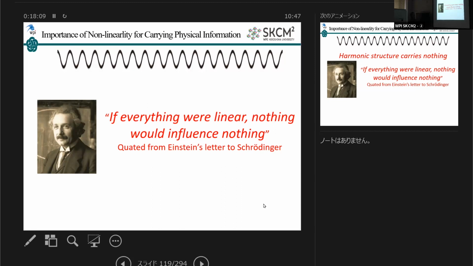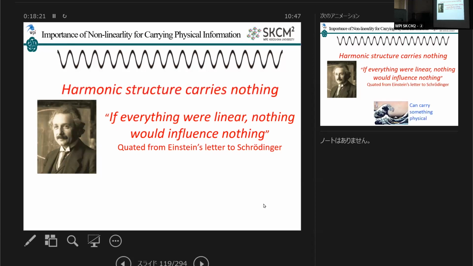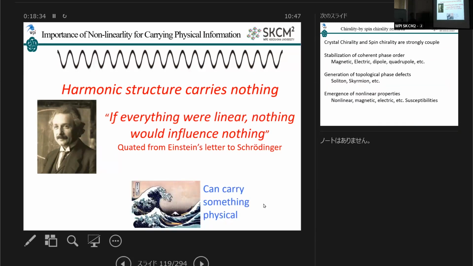In his letter, he said, if everything were linear, nothing would influence anything. What does that mean? A linear combination is nothing, you know. A harmonic structure carries nothing. But if we make a topological phase defect, it corresponds to a tsunami. It is possible to carry something.